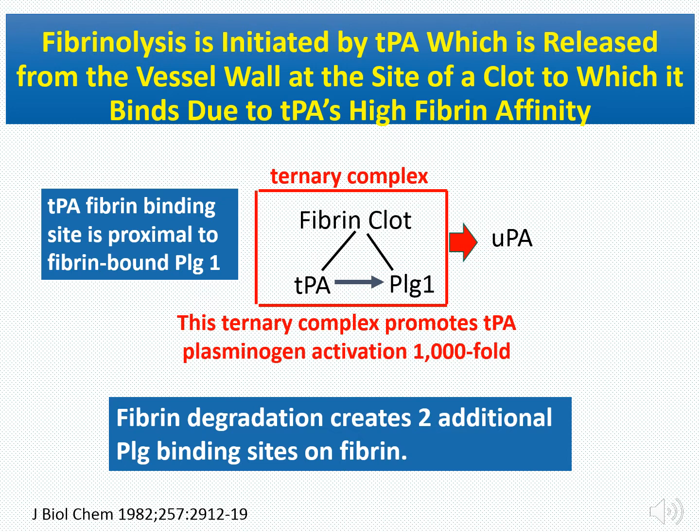As a result, a ternary complex is formed between the fibrin clot, TPA, and plasminogen, and this ternary complex promotes TPA plasminogen activation 1,000-fold. Without that ternary complex, or that fibrin promotion of TPA activity, TPA is a rather poor plasminogen activator. The fibrin degradation initiated by TPA creates 2 additional plasminogen binding sites.